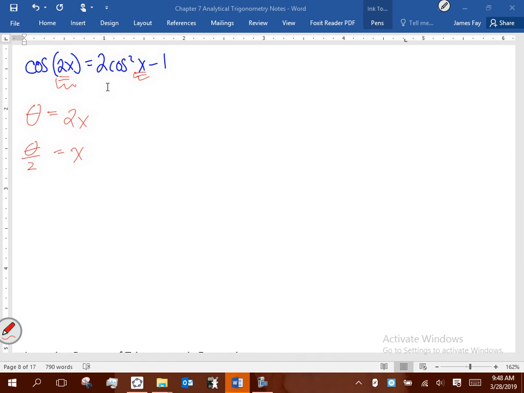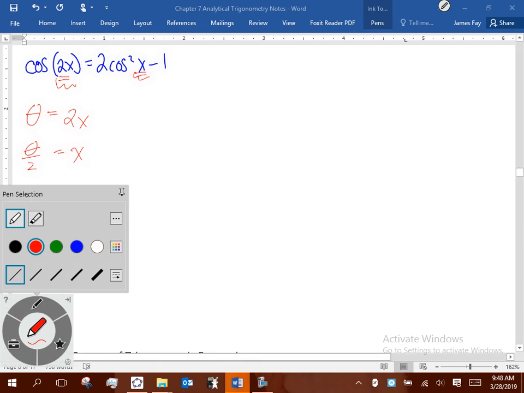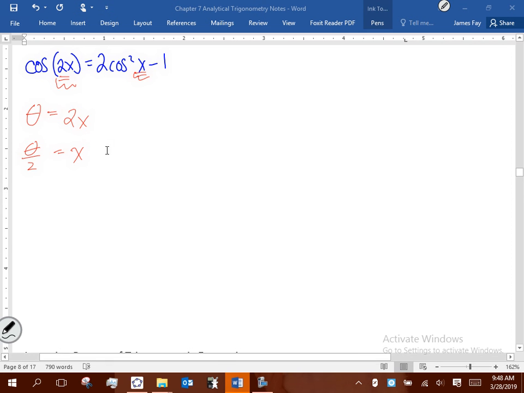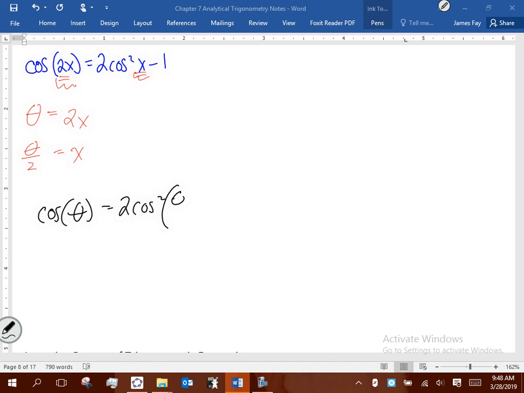So now when I substitute that in, I'm going to replace the 2x with theta, so it'd be cosine of theta. And it's going to be 2 cosine squared of theta over 2 minus 1.